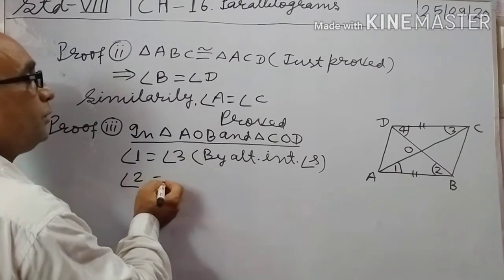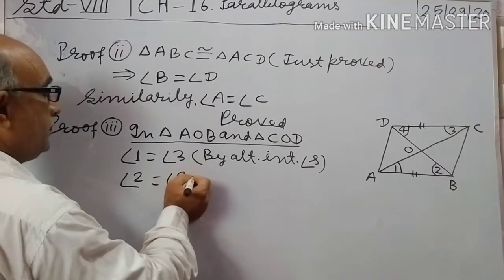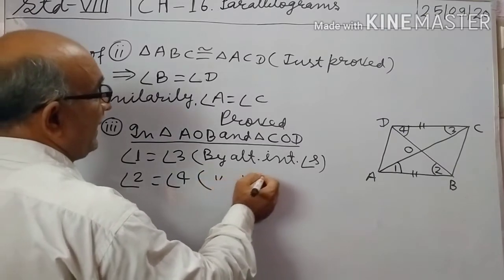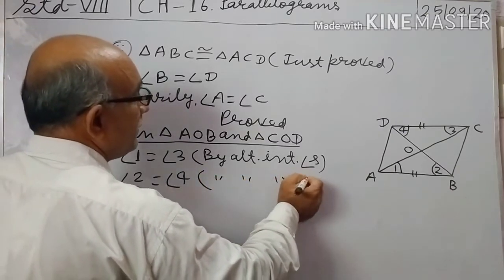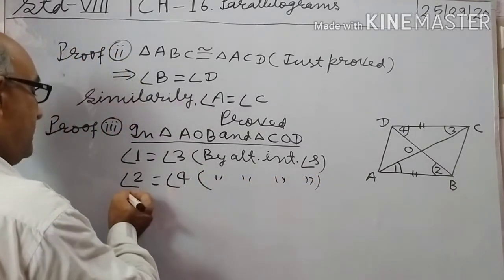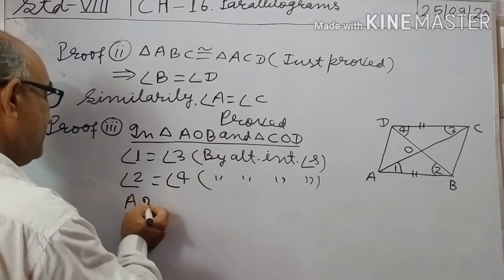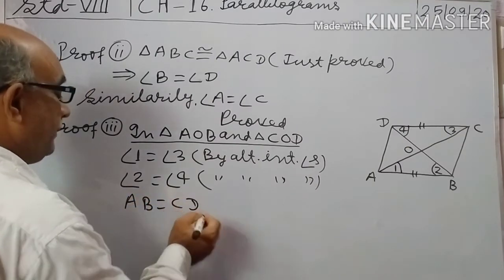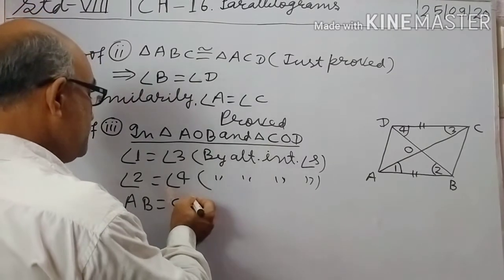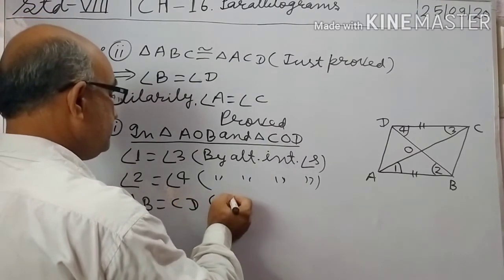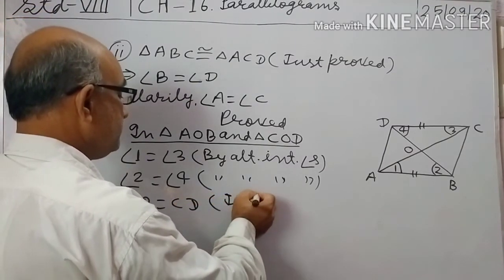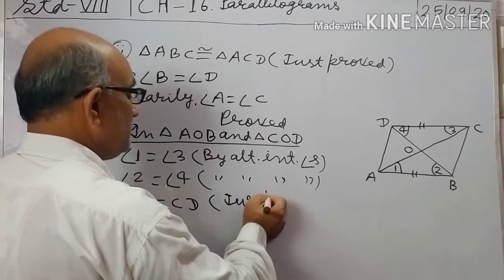Angle 2 equal to angle 4 also by alternate interior angles, and AB equal to CD, opposite sides are equal, just proved.